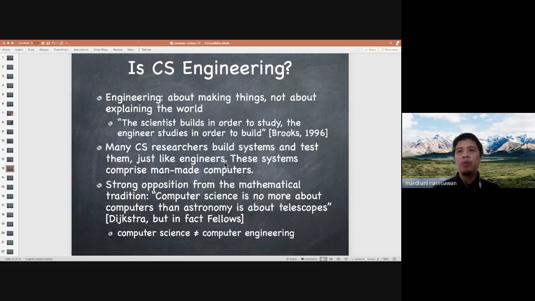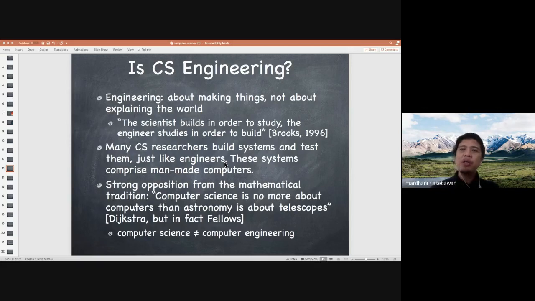But if you go to pure computer science and also do experiments, proving your concept by implementing it in a system, you go to the engineers.